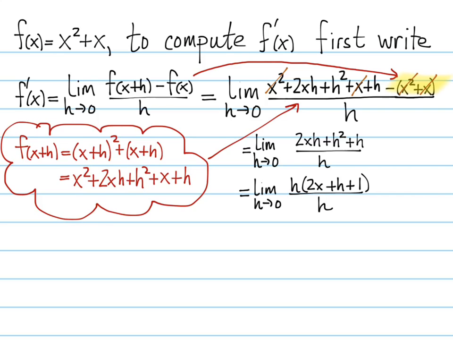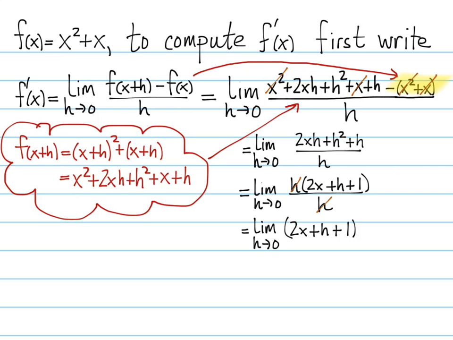So I rewrite this as the limit as h goes to 0 of h times 2x plus h plus 1 all over h. Since all three terms on the top in the previous line have h's, I can pull an h out from each. Now, since h is going to 0, but never 0, we can cancel the h up top with the h below.